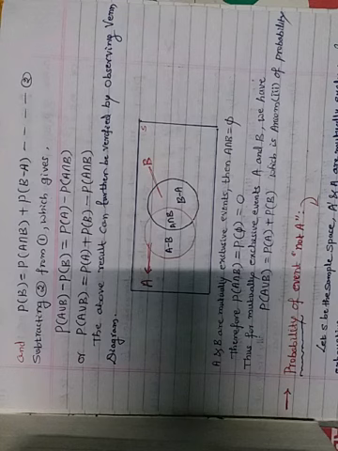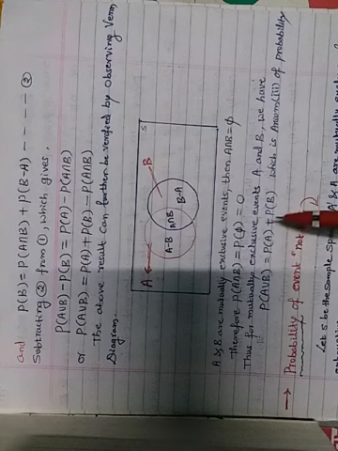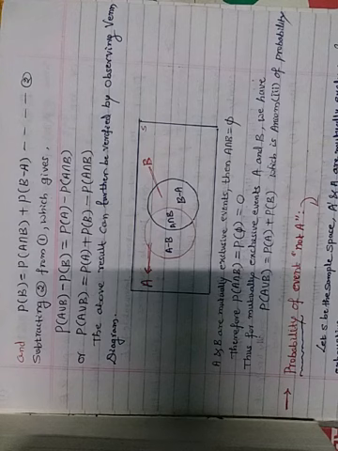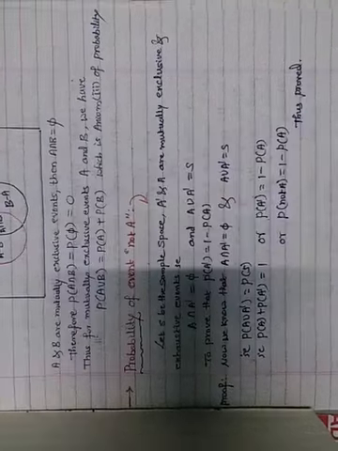Yes, it is clear that probability of A union B equals probability of A plus probability of B, by using the laws of the axiomatic approach of probability.